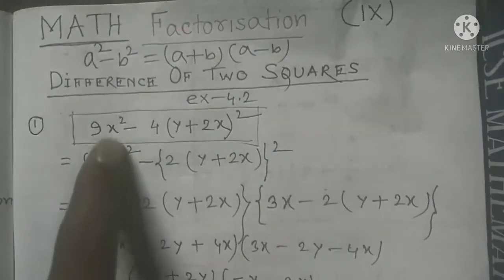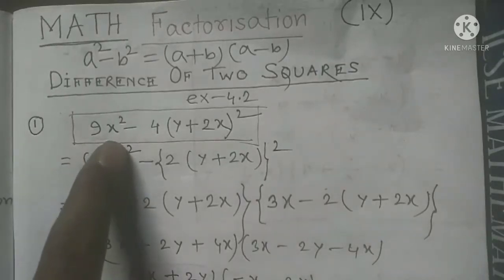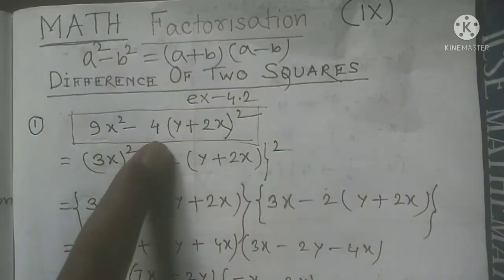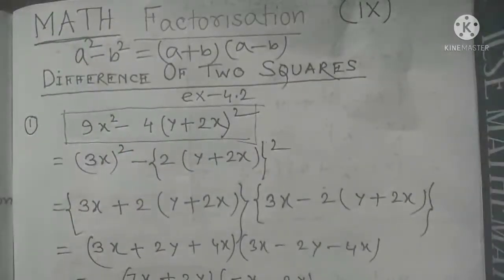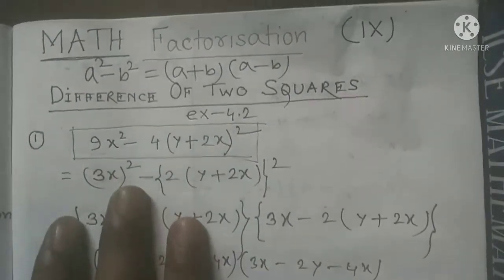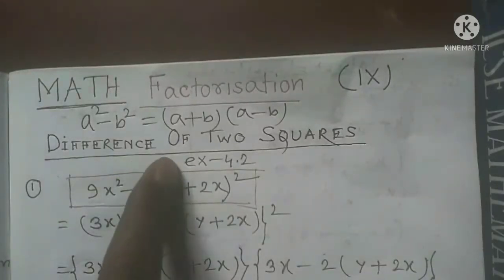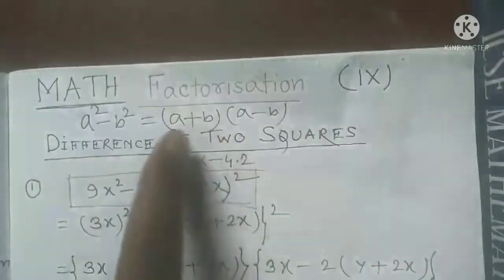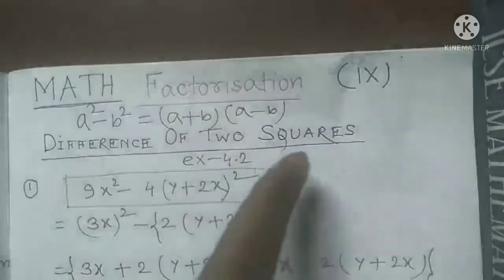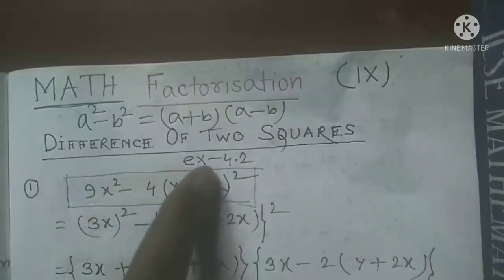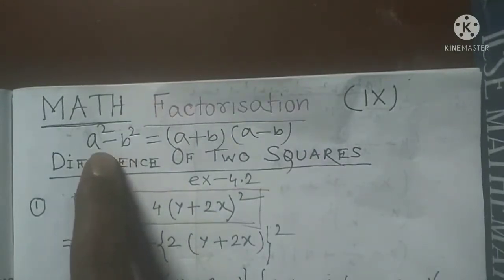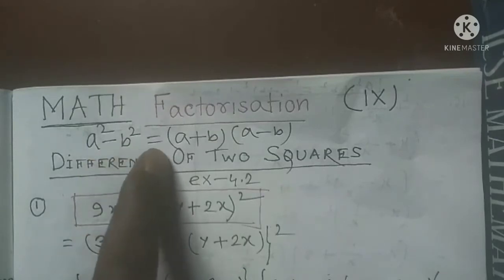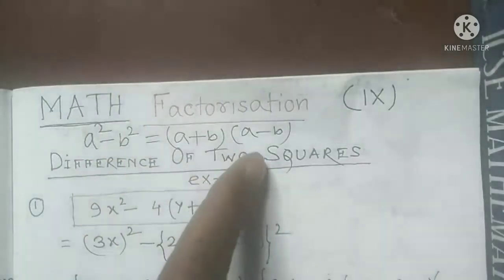My dear student, the first question is 9x square minus 4 times (y plus 2x) whole square. The main topic of this factorization is the difference of two squares. The formula is a square minus b square equals a plus b into a minus b.